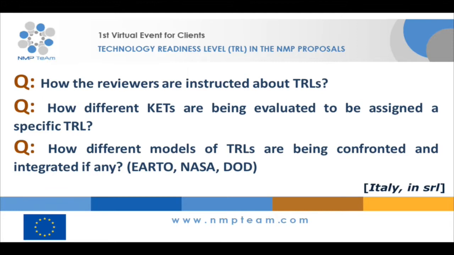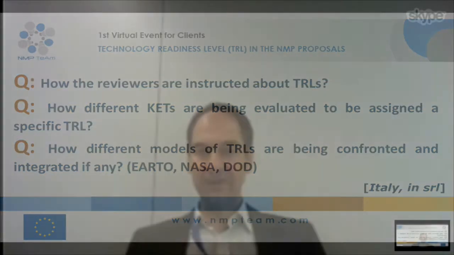How are different KETs evaluated to be assigned to a specific TRL? Well, it is based on roadmaps. As I explained at the beginning, we try to be at the same time realistic and ambitious. In general, we are trying to bridge the all-important gap between TRL 3 and TRL 7, but of course, using different topics at different TRL ranges.